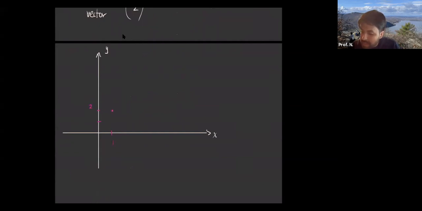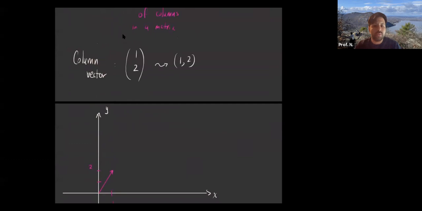A vector has a magnitude and a direction. So you draw an arrow to (1, 2). The magnitude is how long the arrow is, and the direction is where it points.